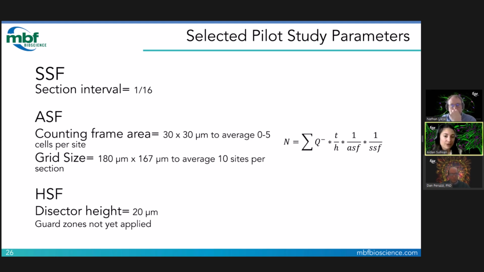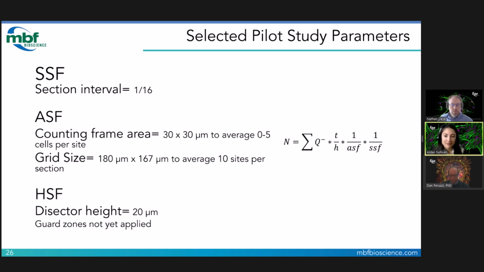I chose a 30 by 30 micron counting frame in the XY area and a 20 micron dissector height, and I did not apply any guard zones for this pilot study, to count between 0 and 5 cells per sampling site. And then I used a grid spacing of 180 by 167 microns, selected when I asked Stereo Investigator to place about 10 sites across my region on my representative section.